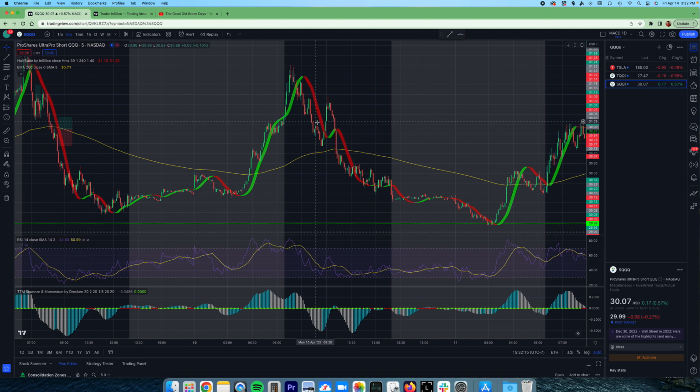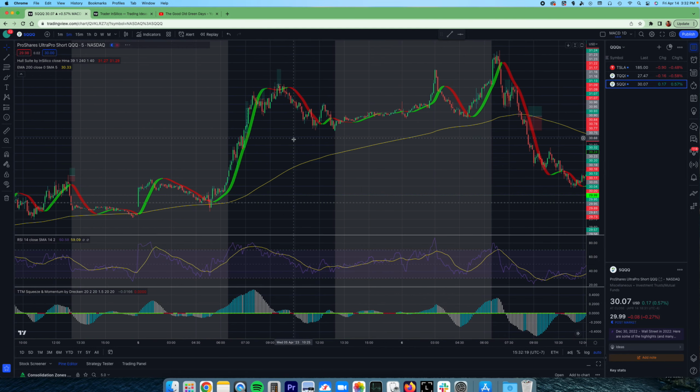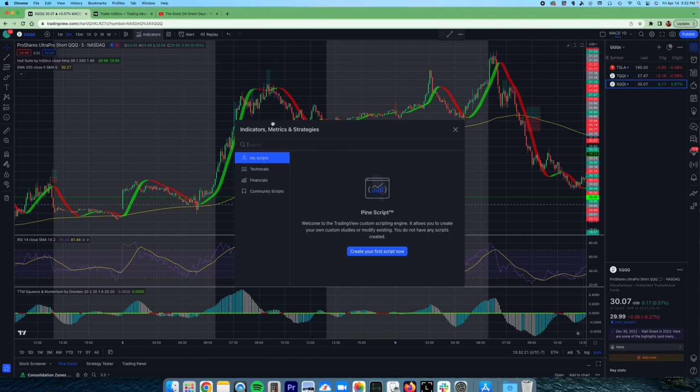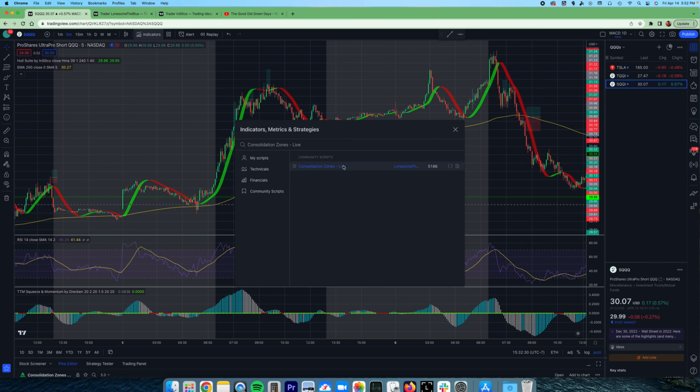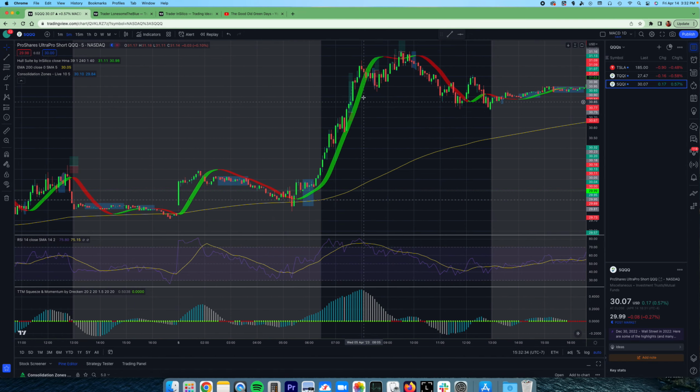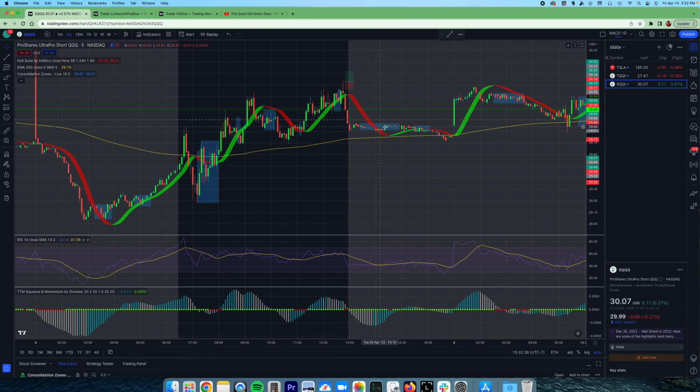It only works when there are big swings. So you don't want to trade when the market's consolidating. So I add this indicator right here, Consolidation Zones Live by Lonesome something. There it is. And this will point out areas where the market's consolidating, like right here.